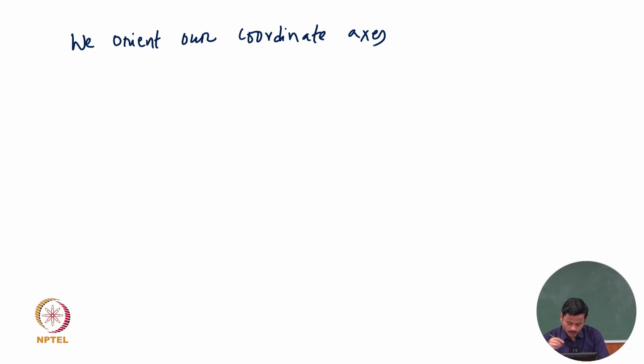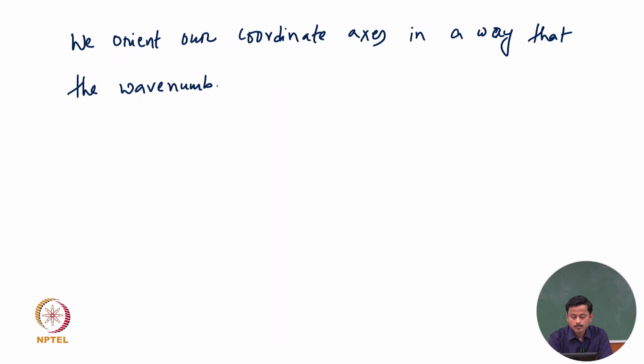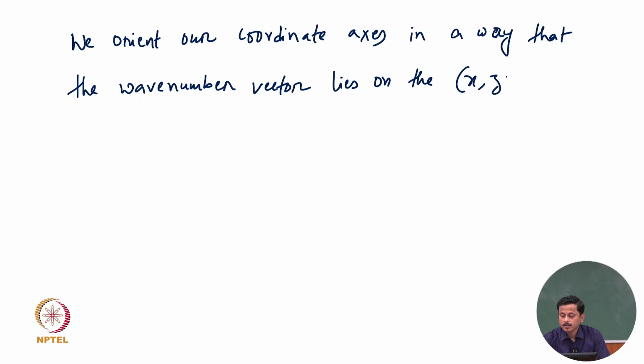To develop some further intuition, we orient our coordinate system in a way that the wave number vector lies on the xz plane.